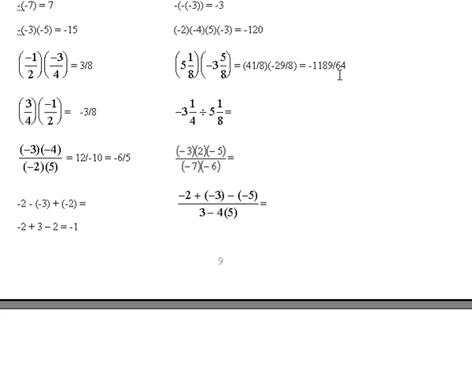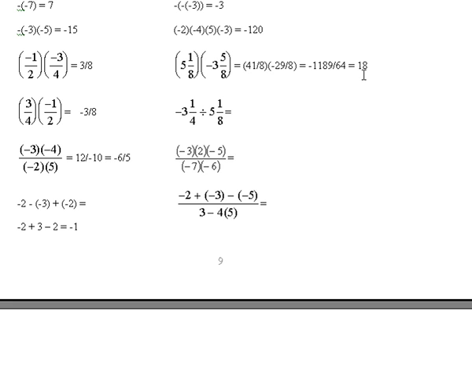If you wanted to switch that to a mixed number, you would have to take the 64 and divide it into the 1189, and it would actually go 18 times with a few left over. Let's see what we get here.